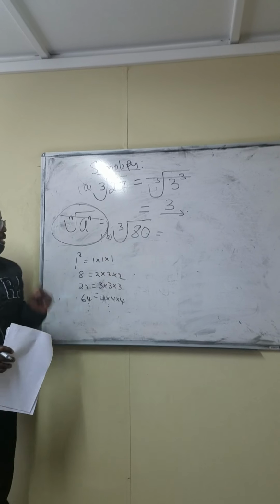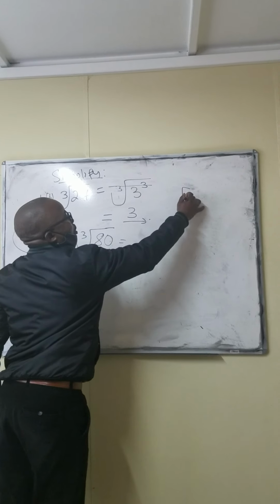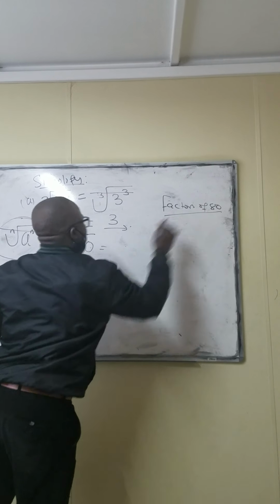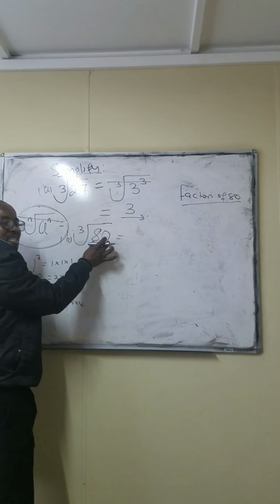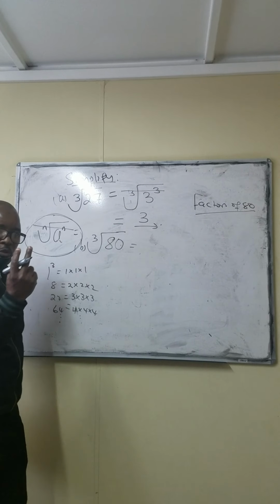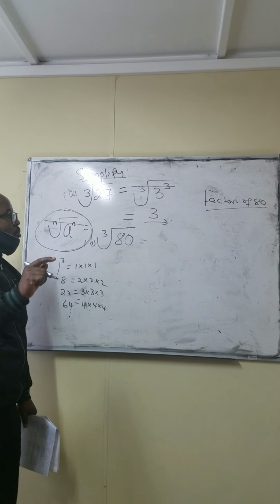So when you look at this one, we have to express 80 in terms of two of its factors, and one of the factors should be the highest possible cube number.